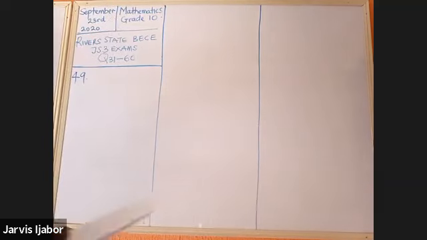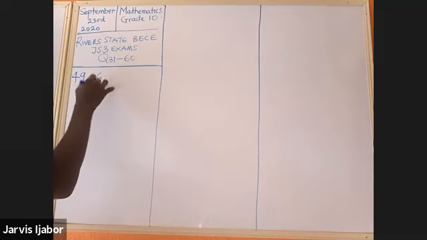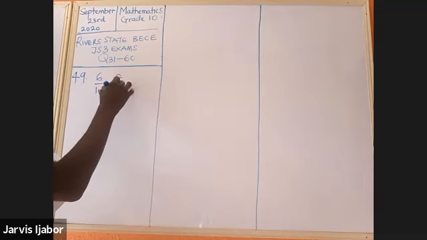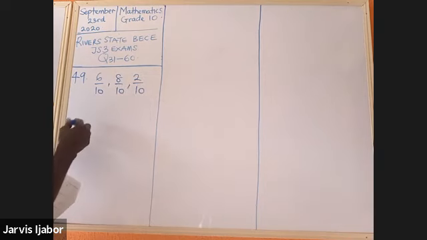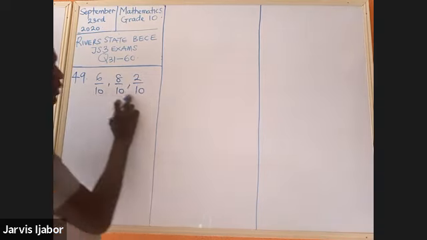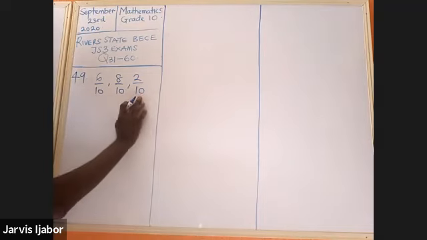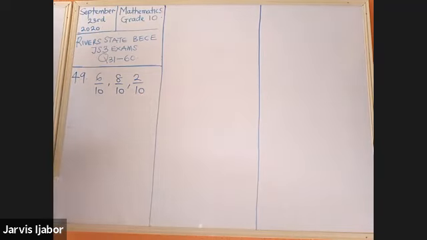In question 49, we are to arrange these fractions in ascending order. Ascending order means start from smallest to biggest. So what are the fractions given? 6 over 10, 8 over 10, 2 over 10. This question is just too cheap. When all the denominators are the same, the arrangement is so easy.